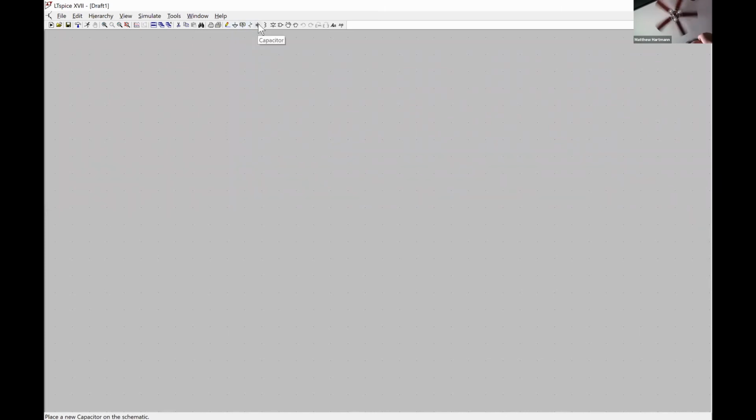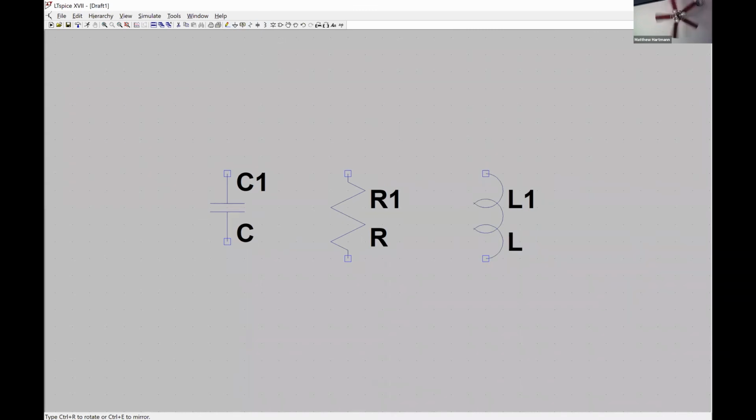So let's see, I have a capacitor, a resistor, and an inductor.